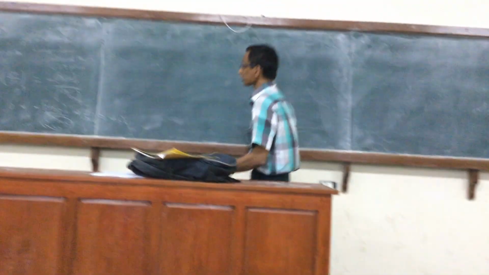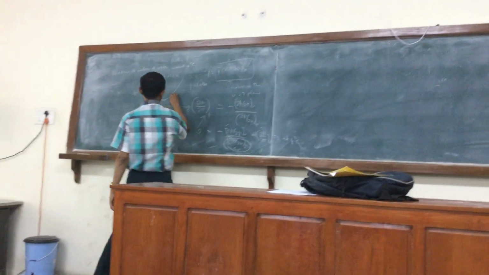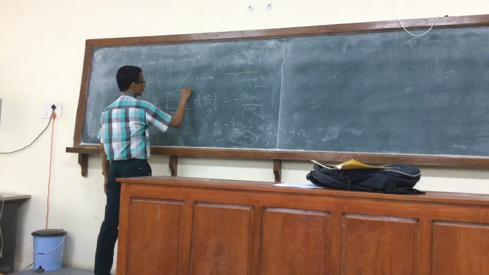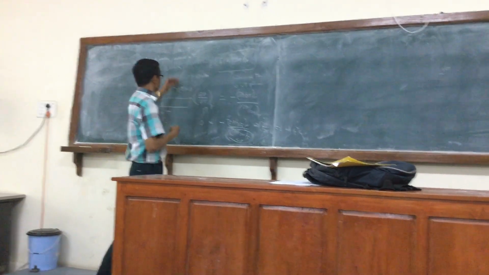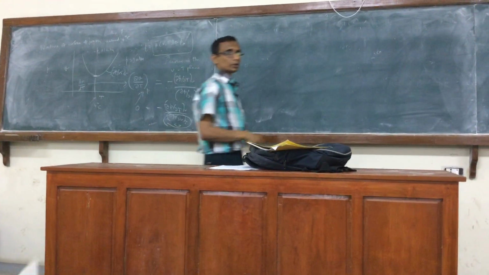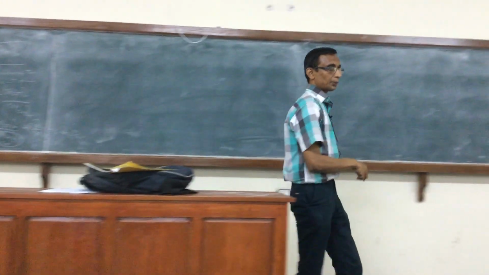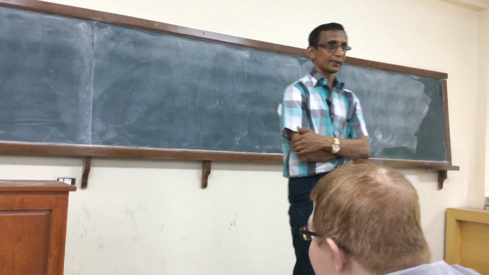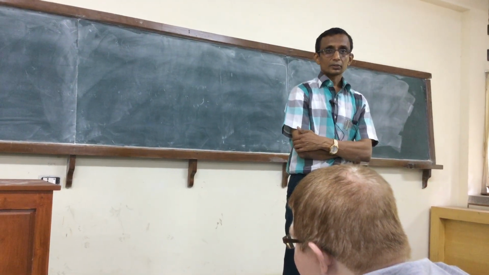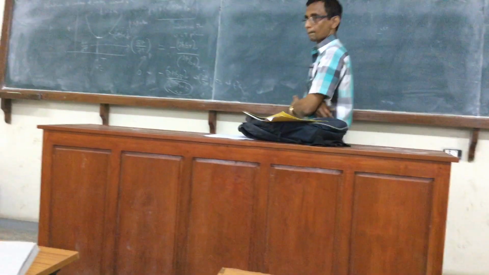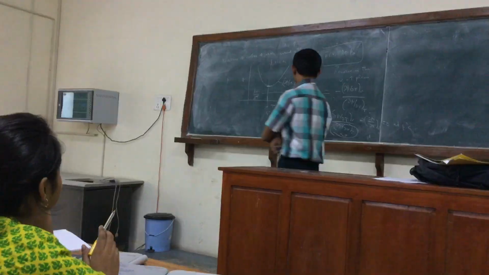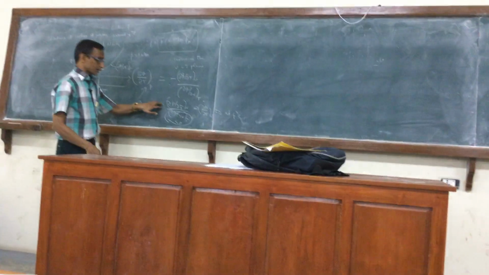So what can you say about the value of dP by dT to the right of 4 degrees on this section of the curve? Is it greater than 0 or less than 0? How do you arrive at that? dP by dT is negative, so the negative will cancel with this.